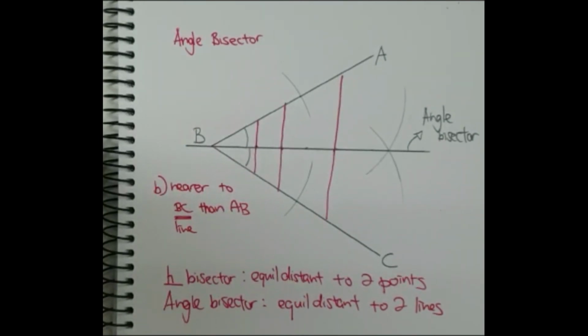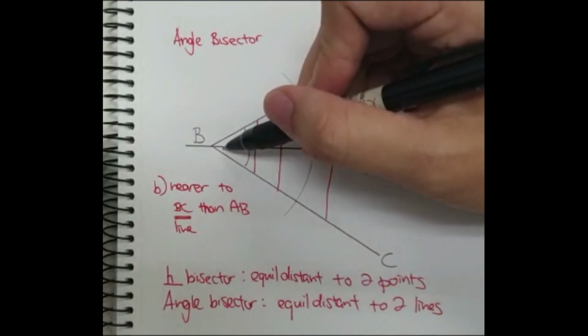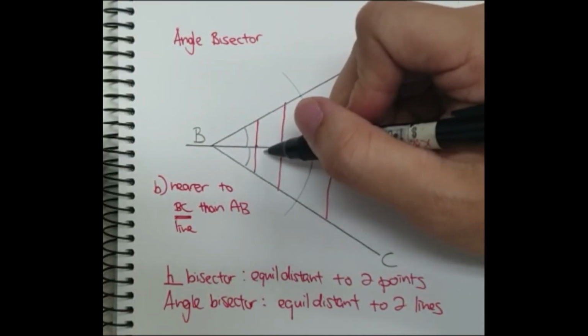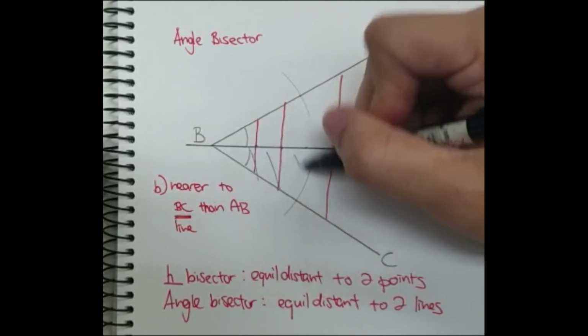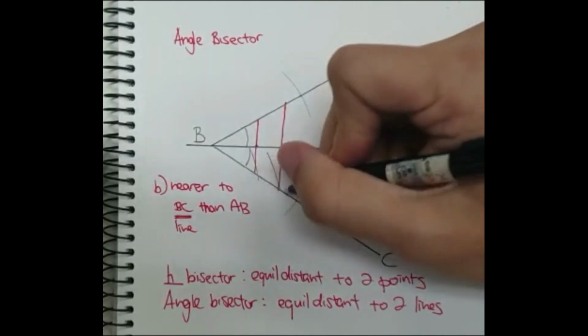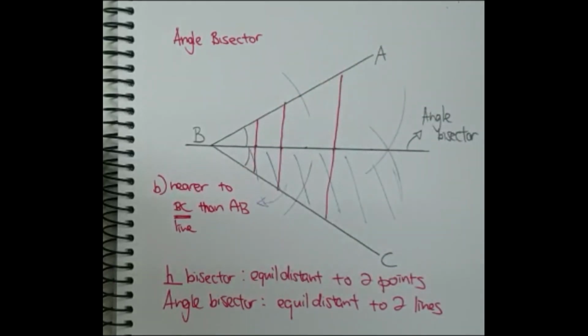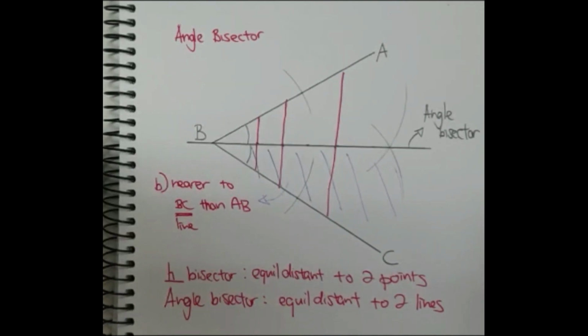So if you are closer to BC, it means that you have to be on the right side of the angle bisector, so you can be anywhere around here, because over here you are nearer to BC than to AB. Later on we'll discuss the question, and most of the time the question will ask you to label the point where you are equidistant from 2 points and equidistant from 2 lines. We'll discuss it in the question later.